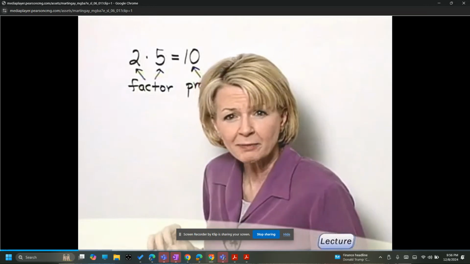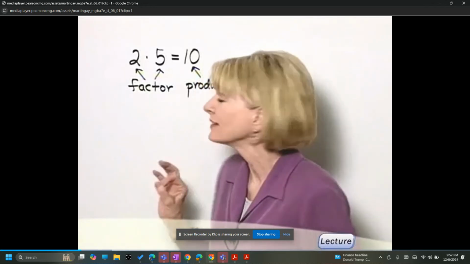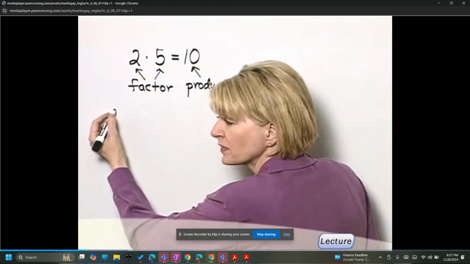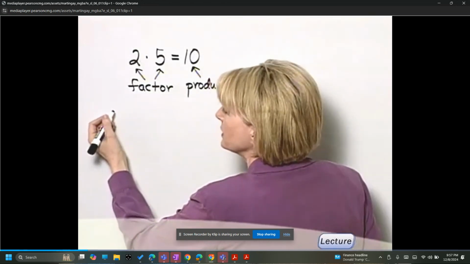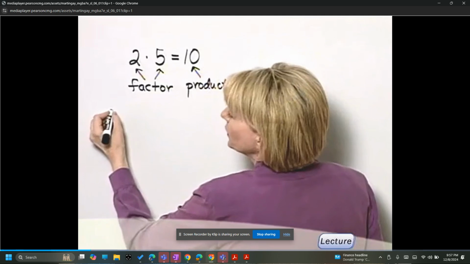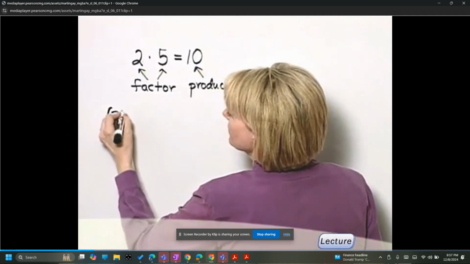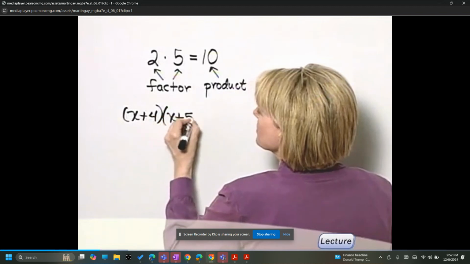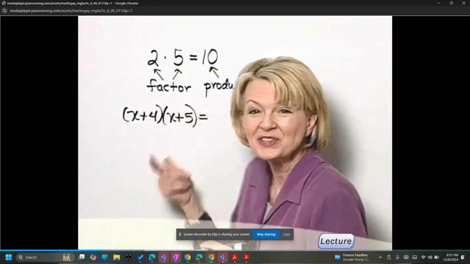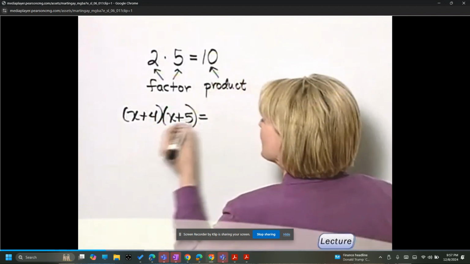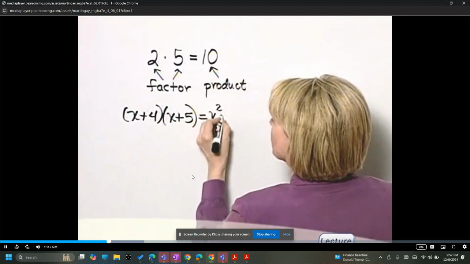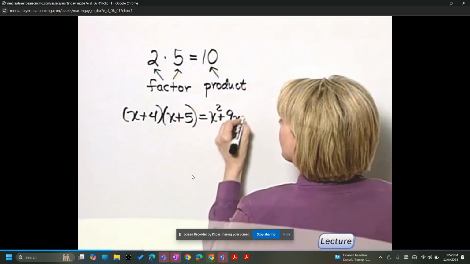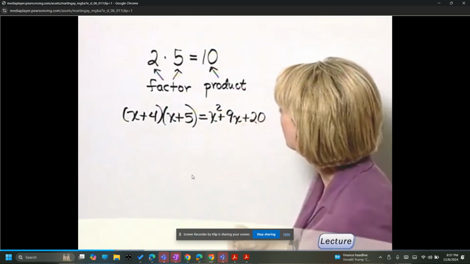Now keep those vocabulary words in mind, and let's now look at the same thing but with polynomials. For example, we know that x plus 4 times x plus 5, I'll let you check me on the multiplication, is x squared plus 9x plus 20.